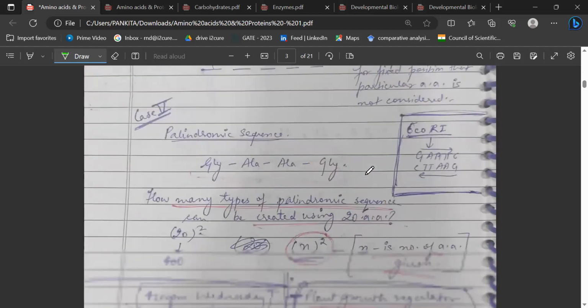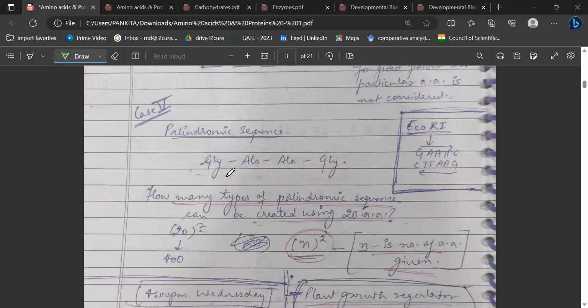In case you're given a palindromic sequence, which goes the same in both directions, from front to back and from back to front, and you're asked how many types of palindromic sequences can be created, you use the formula n raised to the power 2, or n squared, where n is the number of given amino acids.